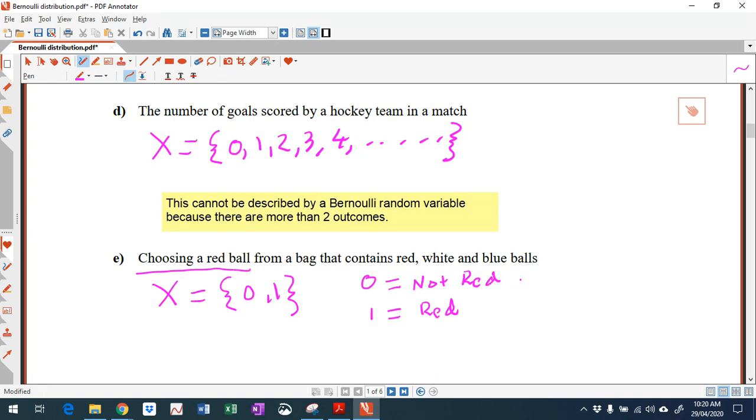Now you could write this as not red, that's the notation.